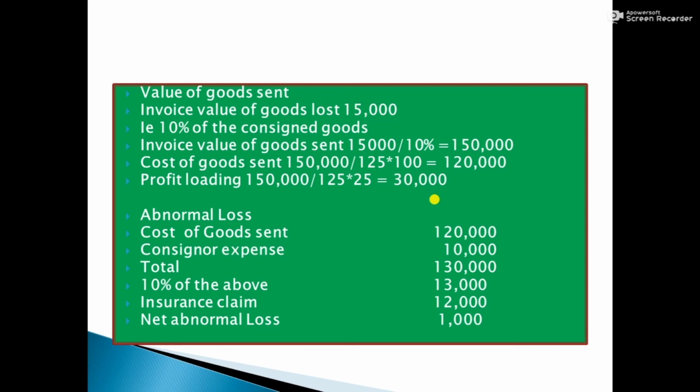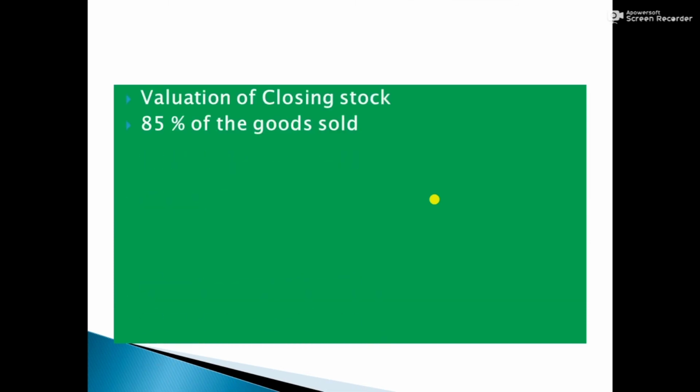Next, stock valuation. 85% of the goods are sold, 10% of the goods are lost in consignee's godown. Therefore, 100 minus 85 minus 10 is 5. 5% stock with the consignee.